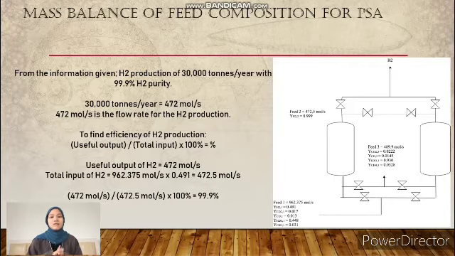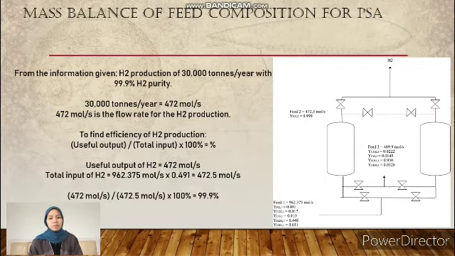To calculate the efficiency of H2 production, we need to find the useful product and the total input product times 100%. Therefore, the useful output of hydrogen is 472 mole per second, which is also equal to 30,000 tons per year.